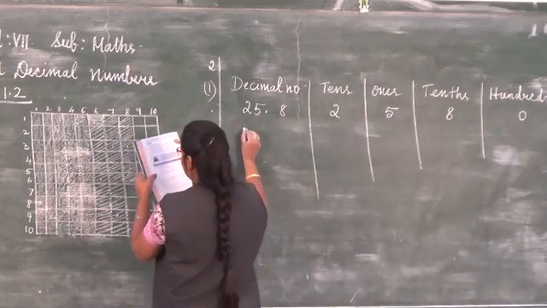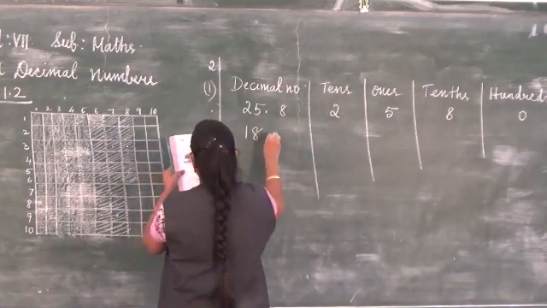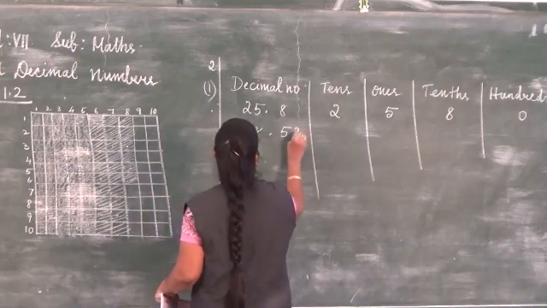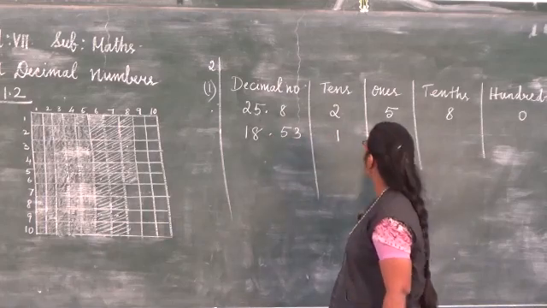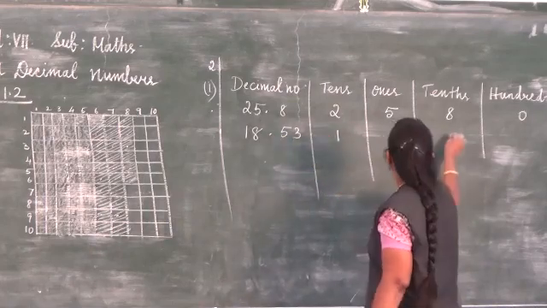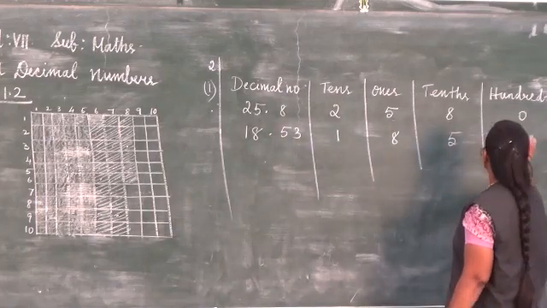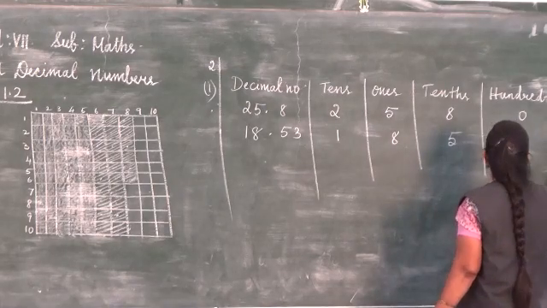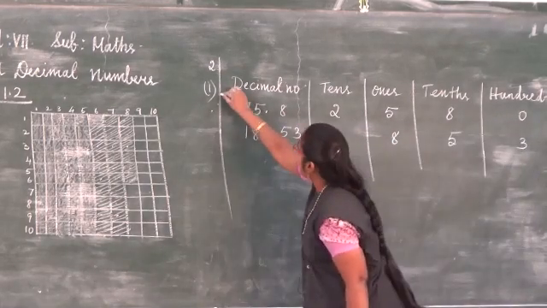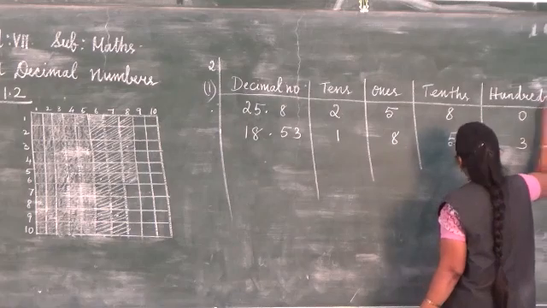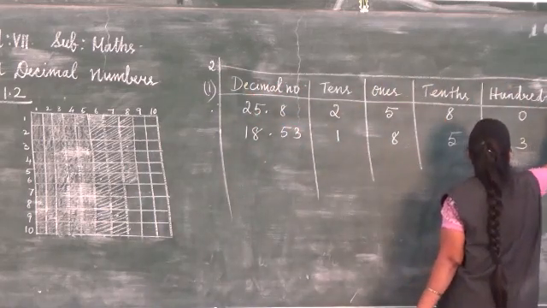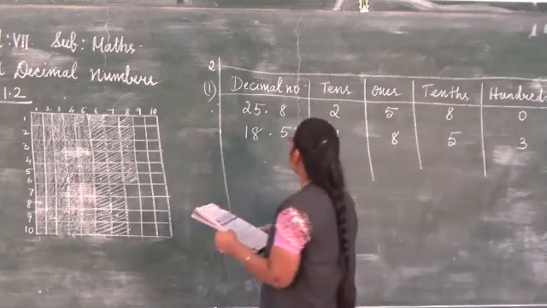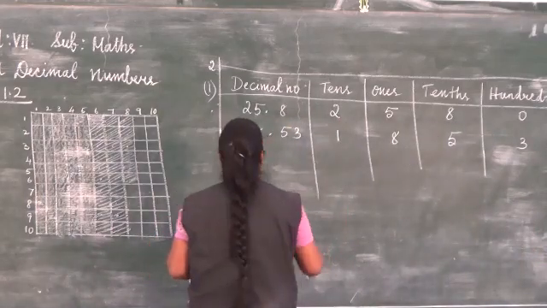The second number is 18.53. So here 1, then 8, then 5, 3. So we are going to add. They are asking you to add by using the place value grid. This is the place value grid.